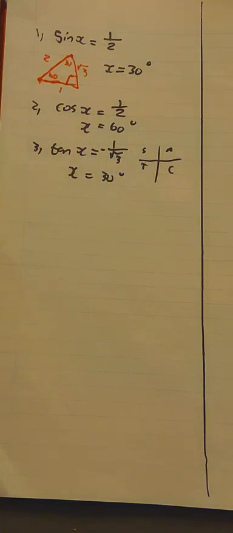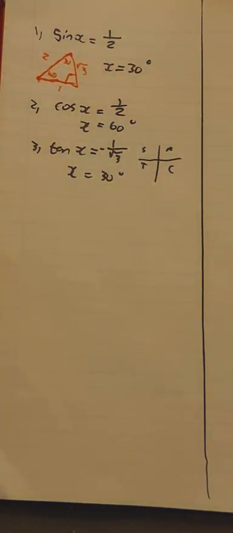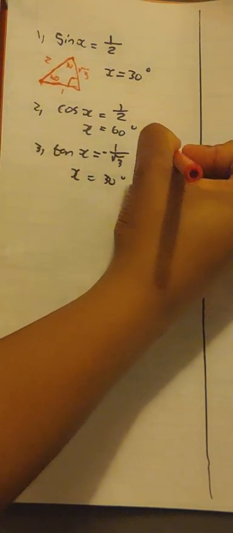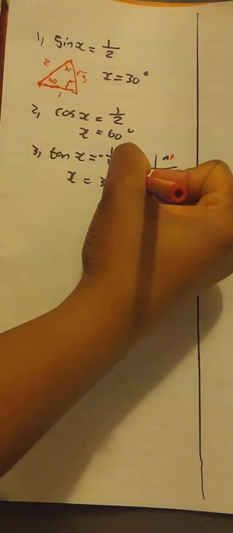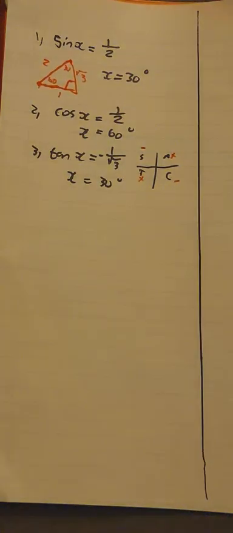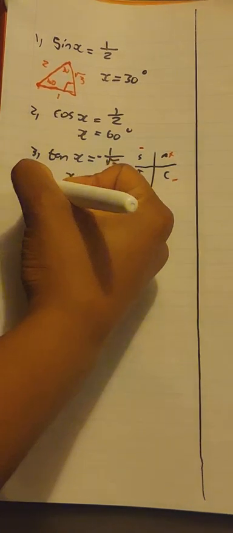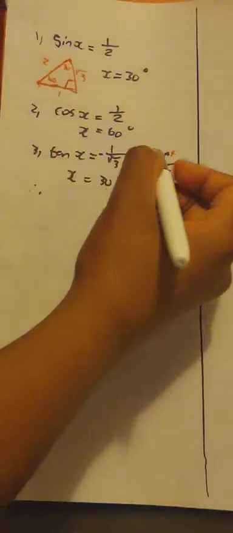So which side is tangent negative here? I know that on this side tangent is positive and on this side tangent is positive. That means it's negative on sine and on cos. Therefore, we're going to say it's on this side.